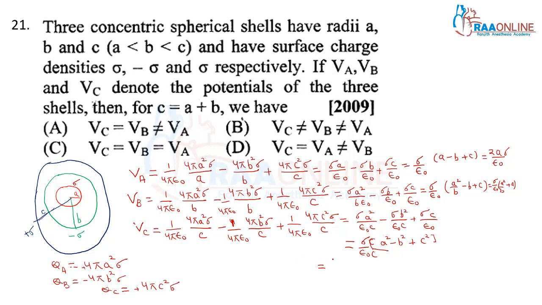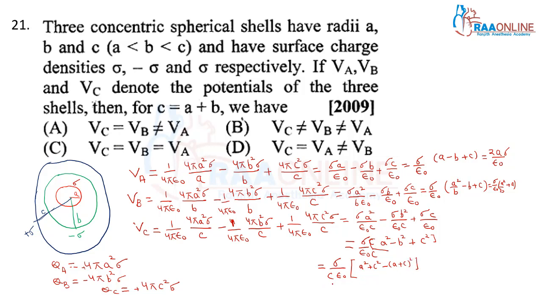So if we use in place of c a plus b, σ upon cε₀. In place of a, I am eliminating b. In place of b, I am writing c minus a. So I am getting a² plus c² minus a plus c whole square.